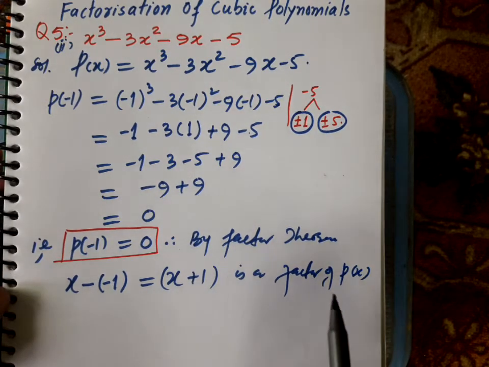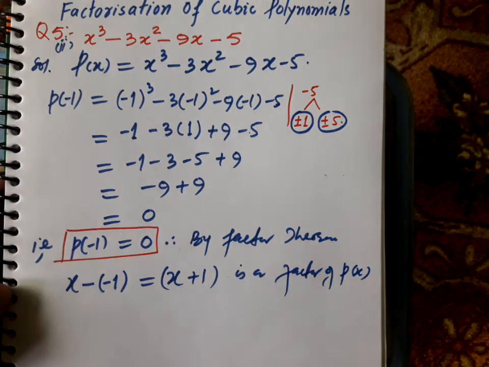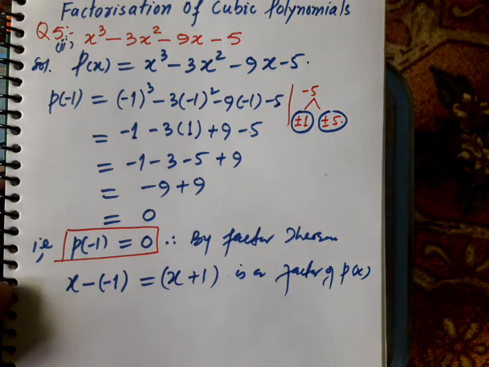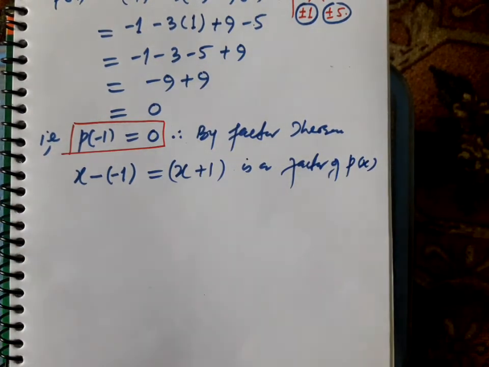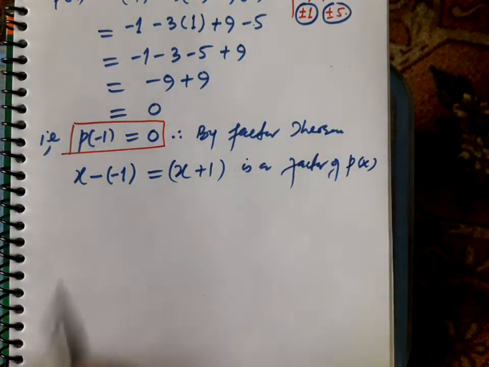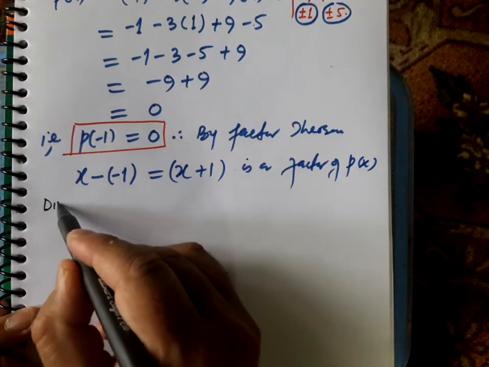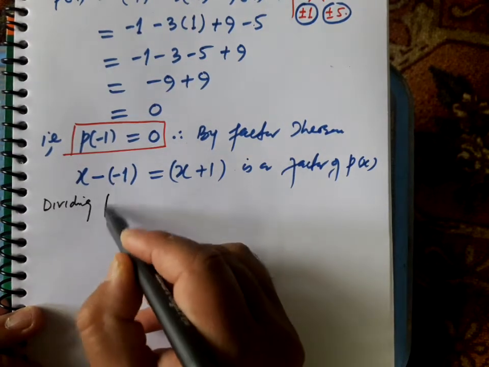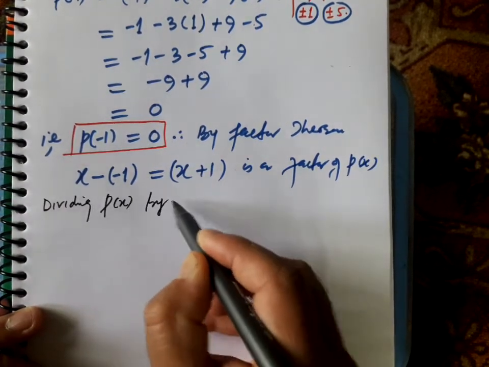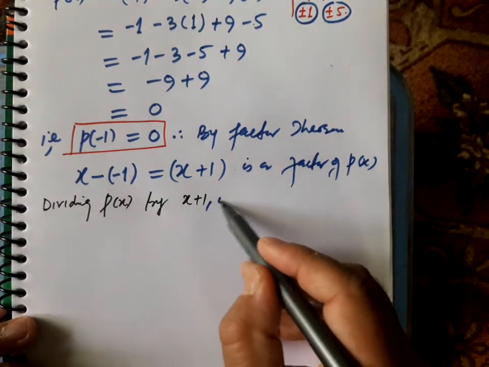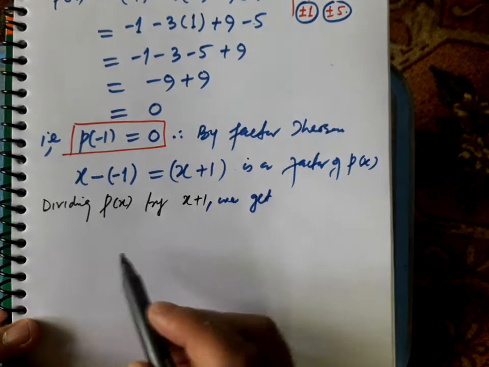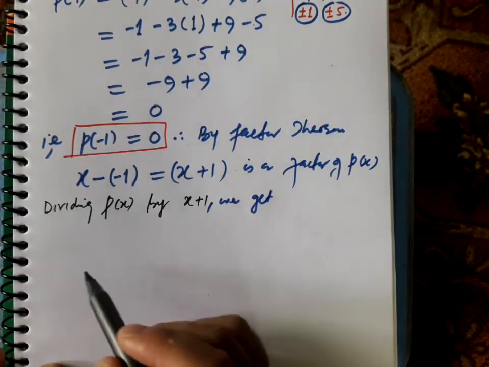That is very simple by splitting the middle term. Now we will divide p of x by x plus 1. We will do the division by synthetic division method.